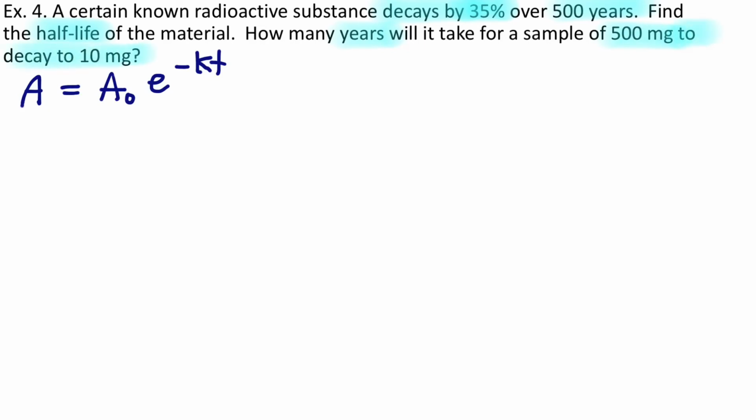So we're asked several questions in this problem here. So we're told that it decays by 35% over 500 years. So we've got a span of time of 500 years that we know.